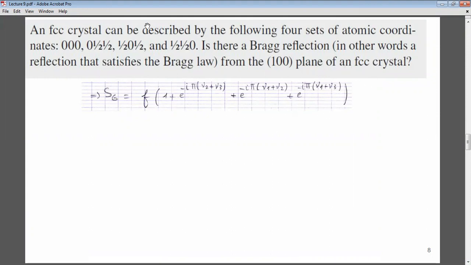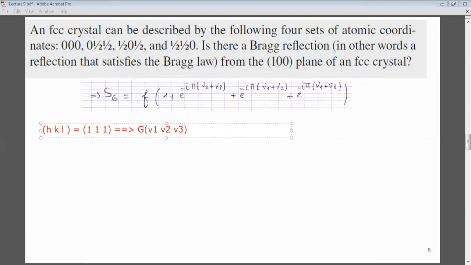Here, by the 1, 0, 0 plane, it means HKL is 1, 0, 0. Remember that the reciprocal vector G, which is V1, V2, V3, is the same as G of HKL. So V1 equals H, V2 equals K, and V3 equals L.